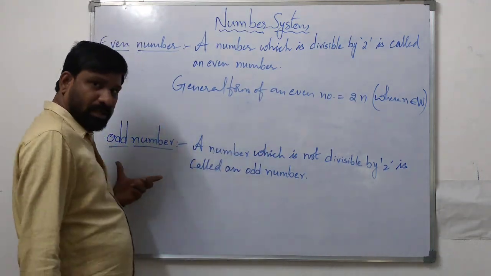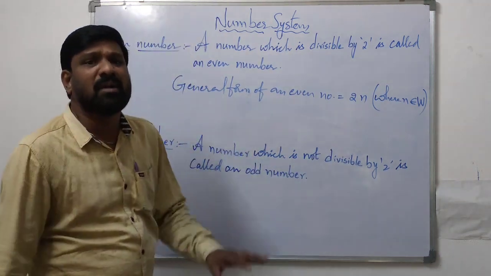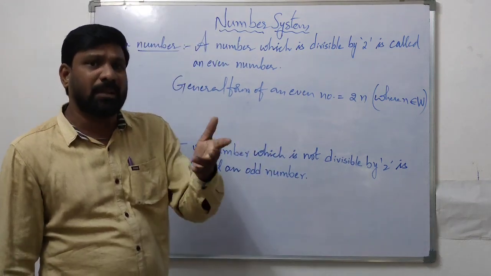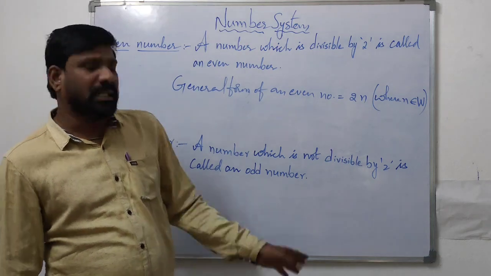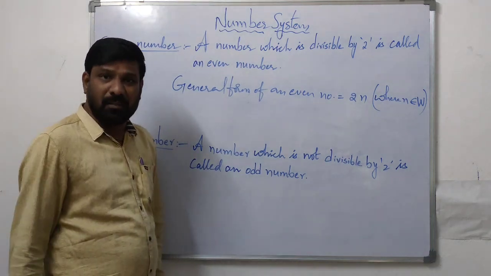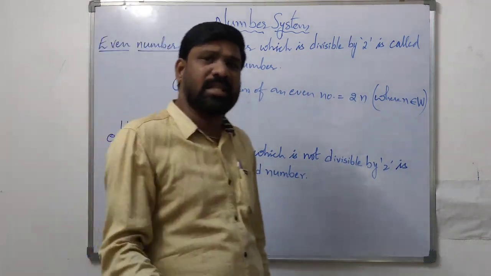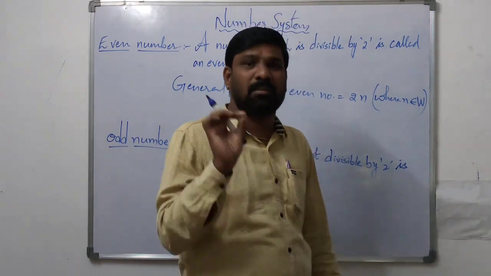Similarly, odd number definition. A number which is not divisible by 2 is called an odd number. Which means whenever we are dividing a number with 2, if you don't get 0 as a remainder, then that number is called an odd number. Simply, the numbers which are not even are called odd numbers.